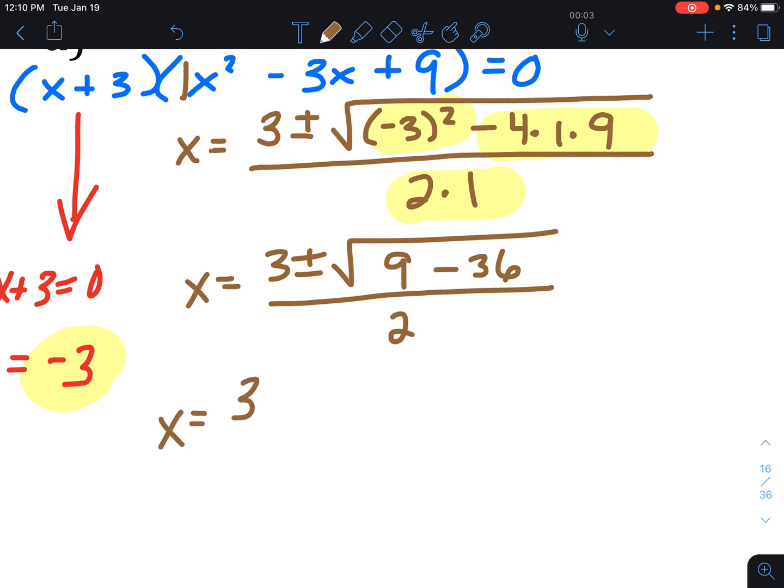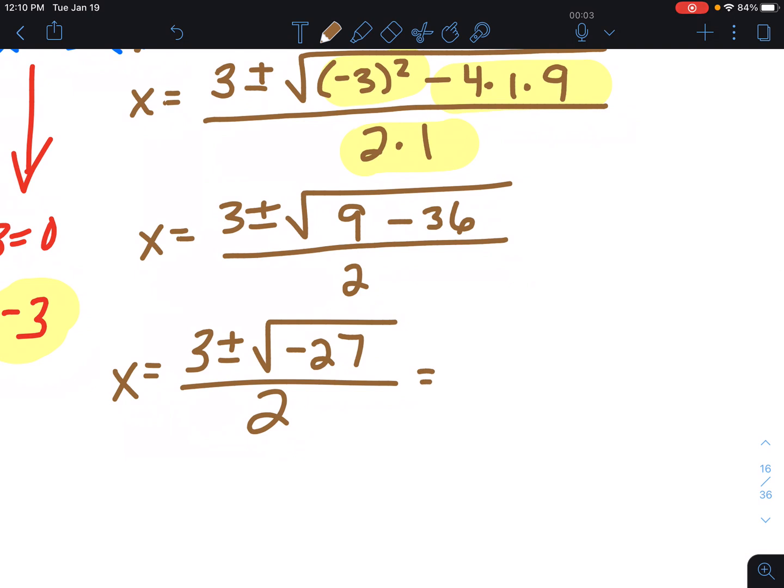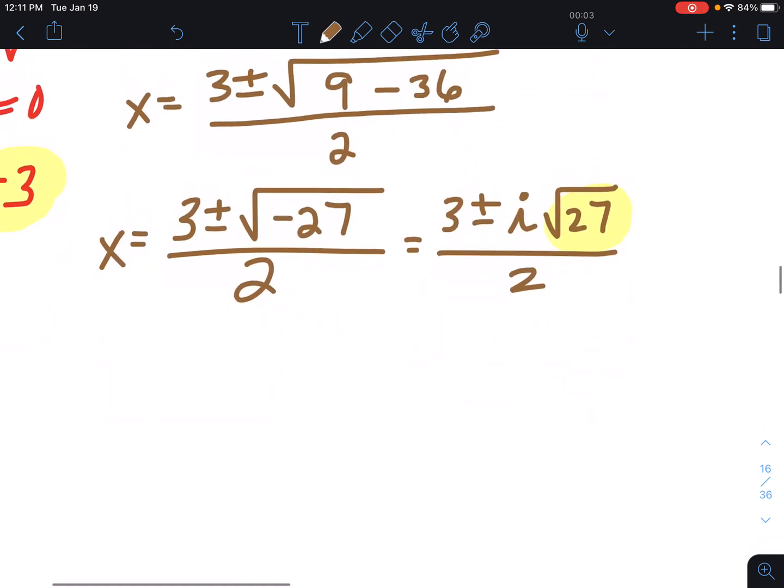And then we want to subtract in the radical. 9 minus 36 is negative 27. Now we want to simplify the square root of negative 27. Remember, when you have a negative inside a square root, an i is going to come out. And then we got to think what perfect square multiplies into 27.